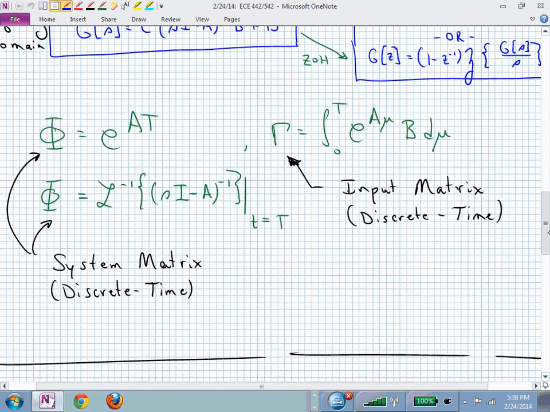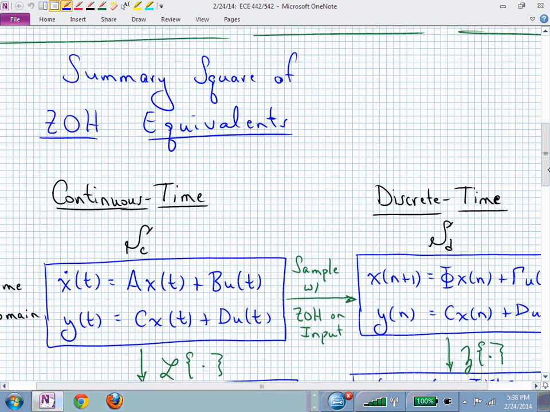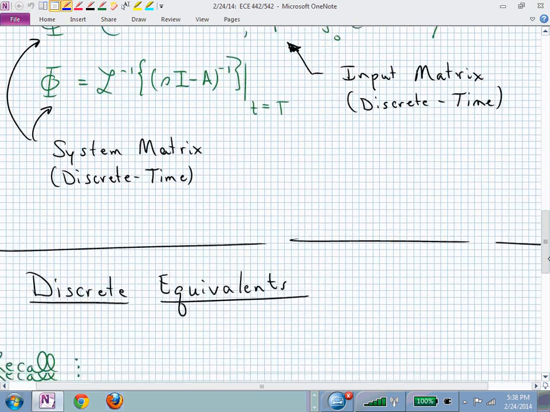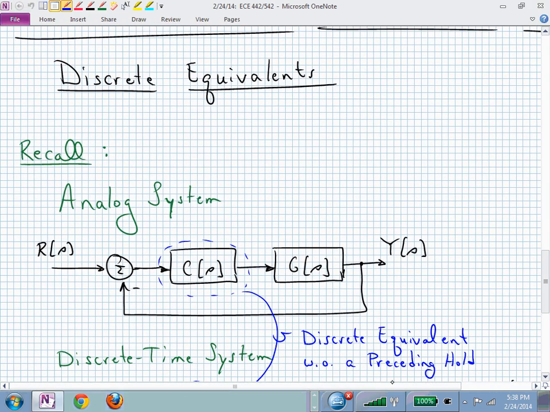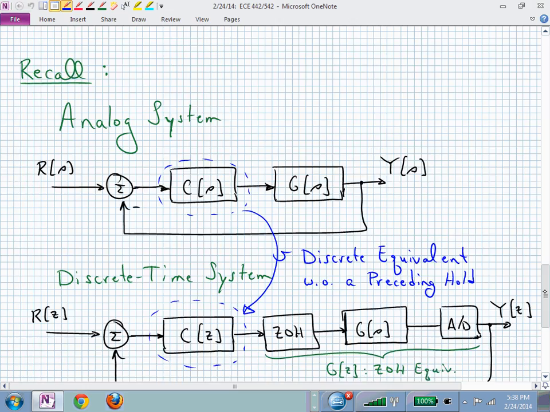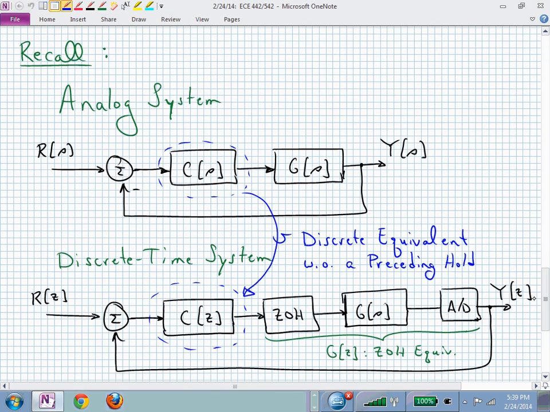Now, that was the zero order hold equivalent approach to finding discrete equivalents. Let's just remind ourselves of what we can do with discrete equivalents. We really have two different scenarios. Here's the analog block diagram up top and the discrete block diagram down below.